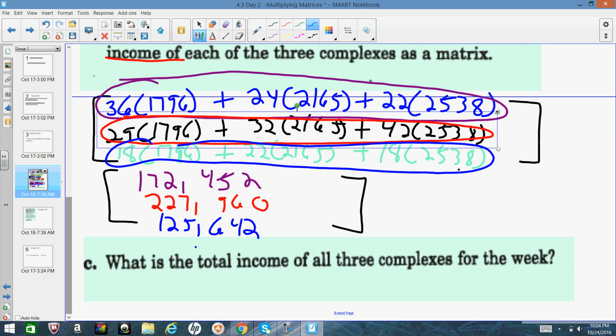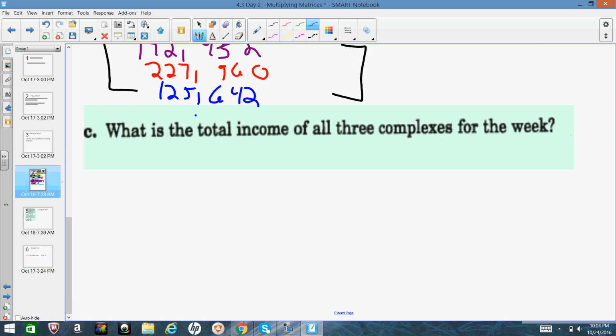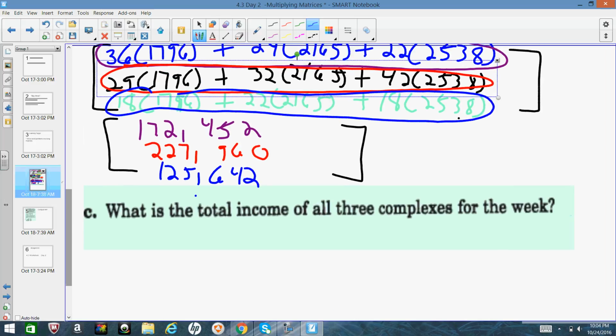Part C said, what is the total number of incomes for all three complexes? So again, to find the total income through all three complexes, I'm going to take my first income plus my second income.